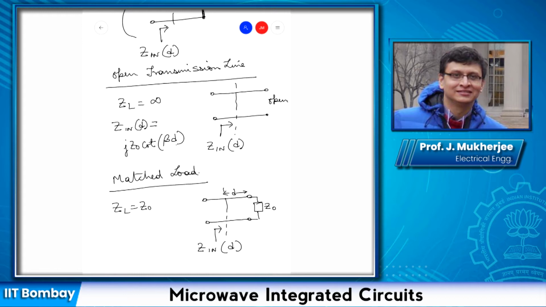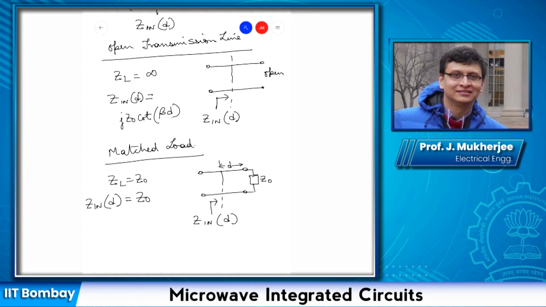In this case, the input impedance at whatever length you consider is always equal to Z0.